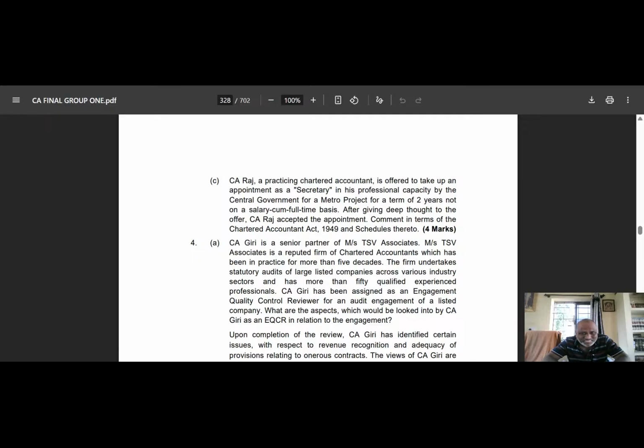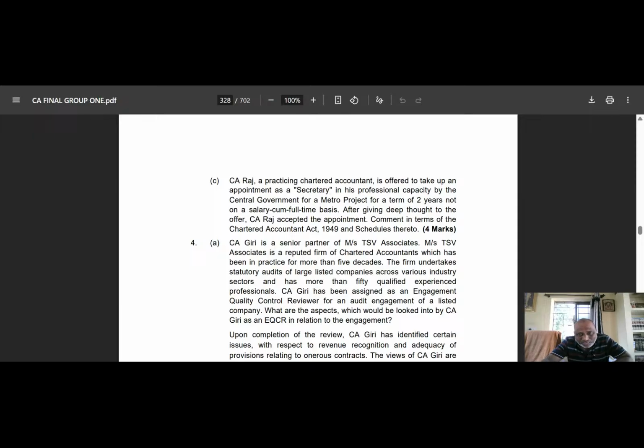As per clause 11 of Part 1 of the First Schedule of the Chartered Accountants Act 1949, a chartered accountant in practice is deemed to be guilty of professional misconduct if he engages in any business or occupation other than the profession of chartered accountant, unless permitted by the council so to engage.